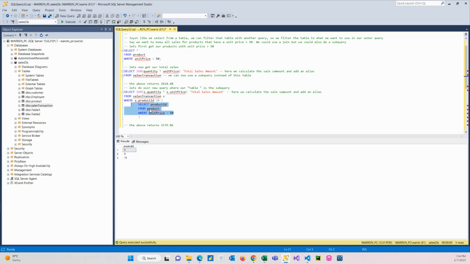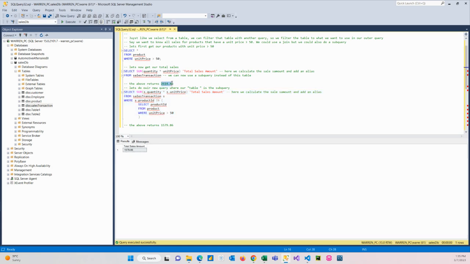And that is now being populated in our in statement. So this is saying go and select the total sales amount from the transaction table where the product ID is in this section, and that is going to be those 3 product IDs. So when we run this, it's going to be filtered by these 3 product IDs. And there's the new amount.